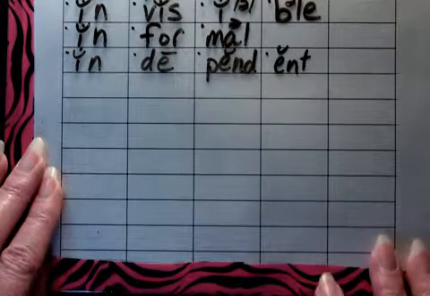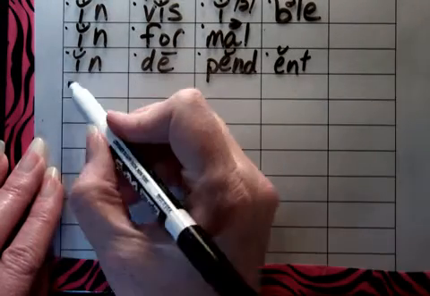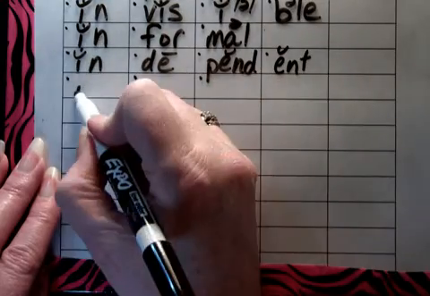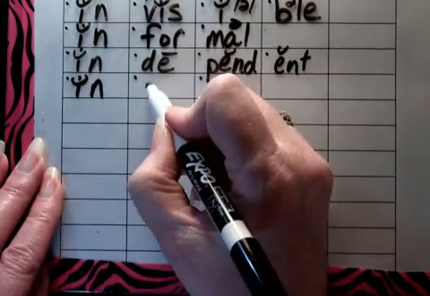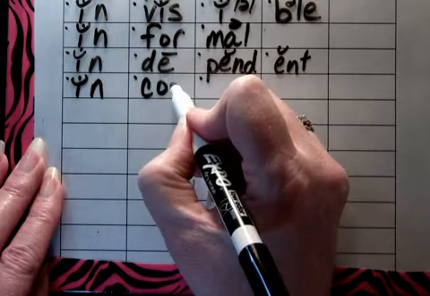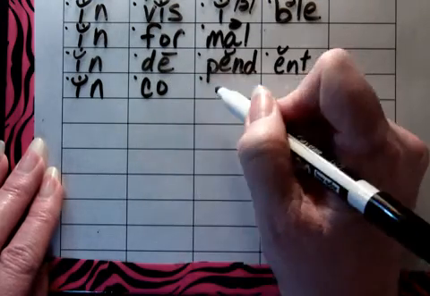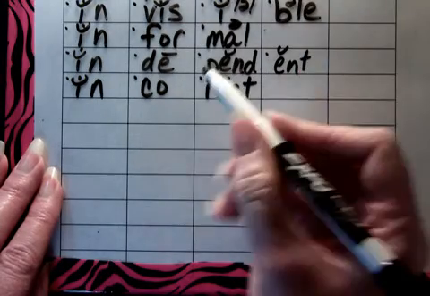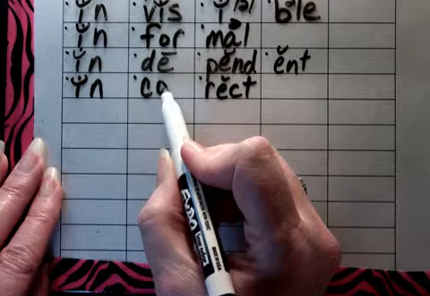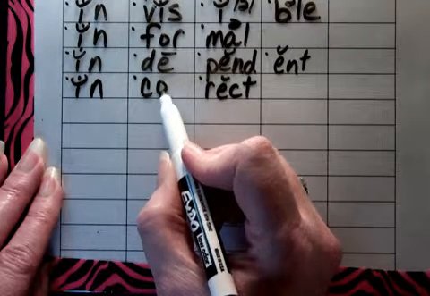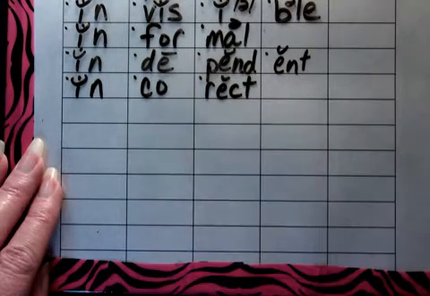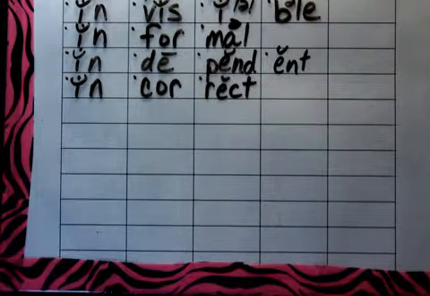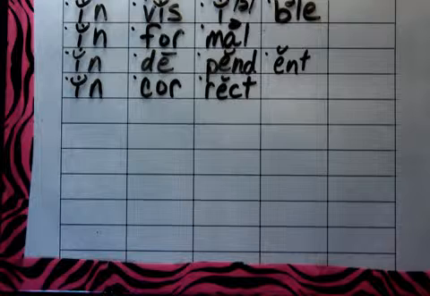The next word is incorrect. Incorrect. In, correct. That's a closed vowel. Now, we have to double the R to make that an R-controlled vowel.